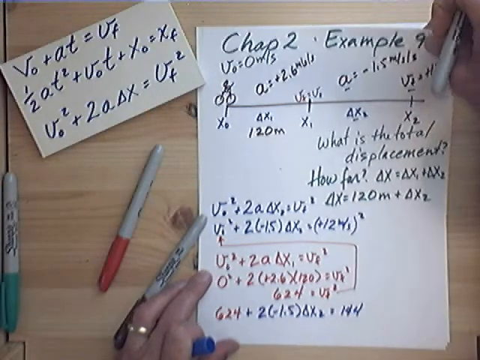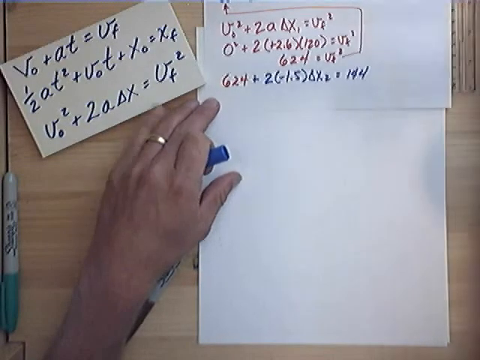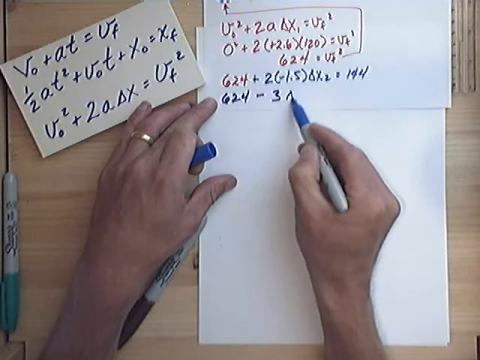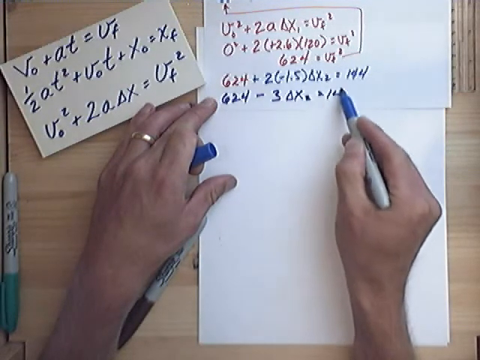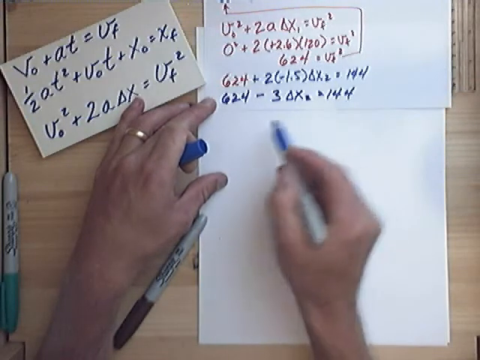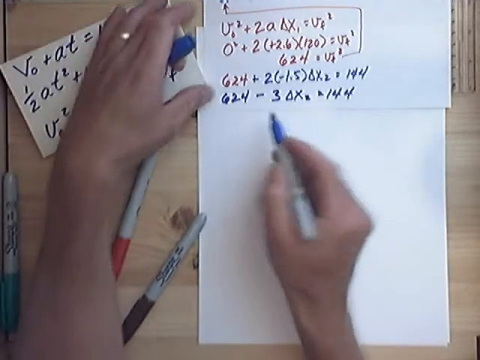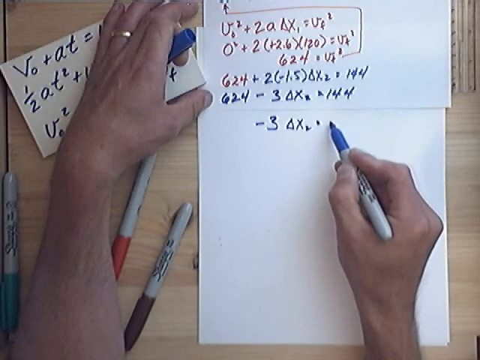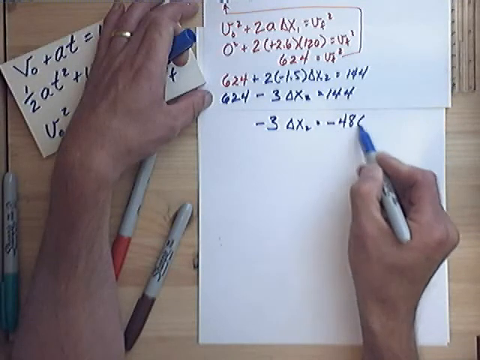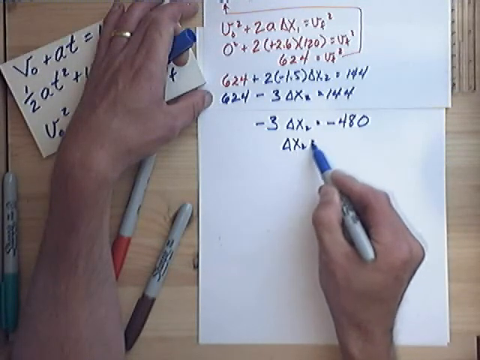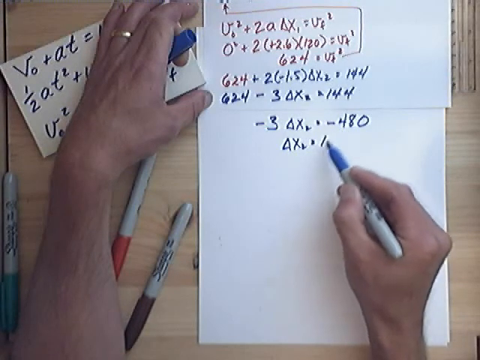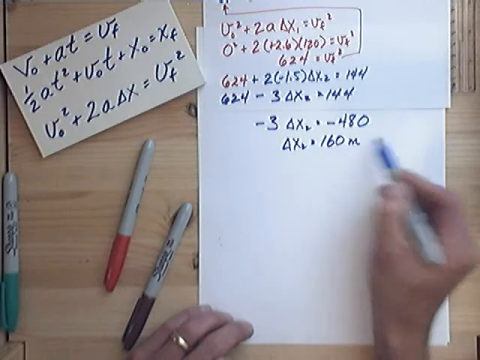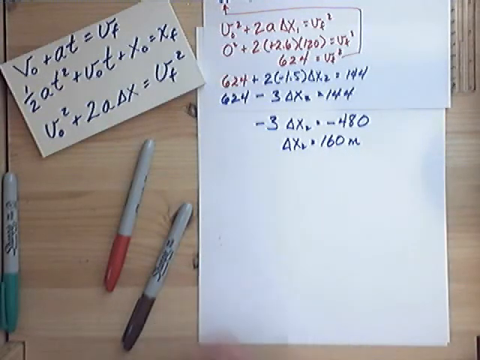Let's slide this up. 624 minus 3 delta x equals 144. Subtract 624 from both sides. I'm going to get negative 3 delta x equals negative 480. So delta x sub 2 is 160 meters. Oh wait, there's my answer.